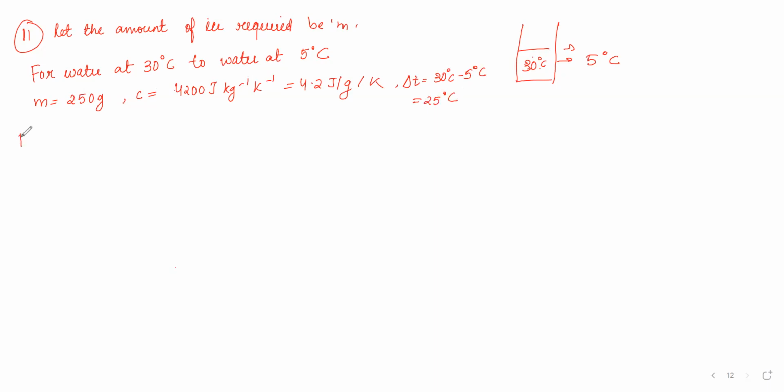Okay. So energy conversion here, E1 will be equal to MC into delta T. So this is 250 into 4.2 into 25. So how much is this equal to?